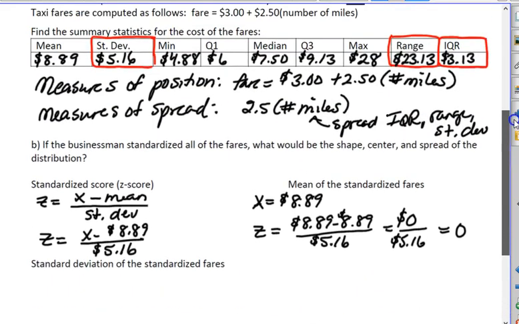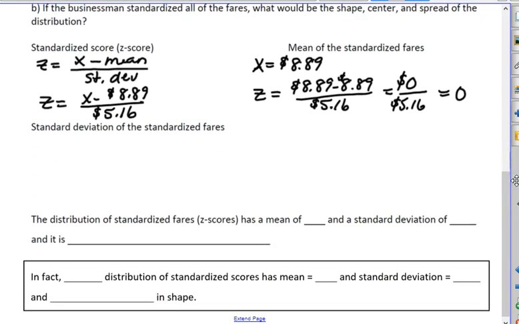So I'm going to look at a taxi fare that is one standard deviation above the mean. So we're going to say x is equal to the taxi fare that is 1 standard deviation above the mean.